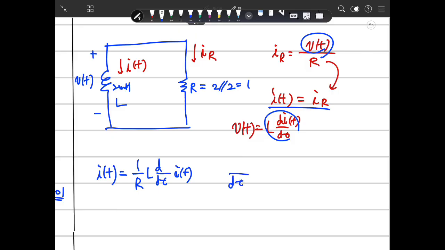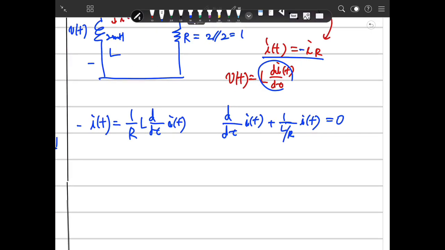So we written here di(t)/dt plus 1 over... actually this is not, actually no, this is minus, so we need it, okay, plus R over L i(t) will be 0.